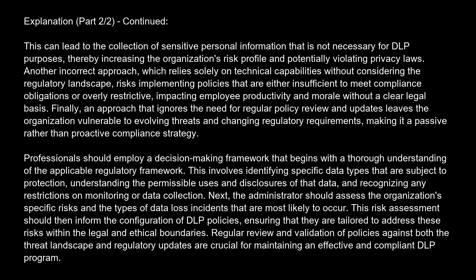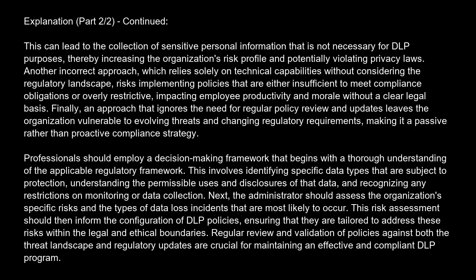Another incorrect approach, which relies solely on technical capabilities without considering the regulatory landscape, risks implementing policies that are either insufficient to meet compliance obligations or overly restrictive, impacting employee productivity and morale without a clear legal basis. Finally, an approach that ignores the need for regular policy review and updates leaves the organization vulnerable to evolving threats and changing regulatory requirements, making it a passive rather than proactive compliance strategy. Professionals should employ a decision-making framework that begins with a thorough understanding of the applicable regulatory framework.